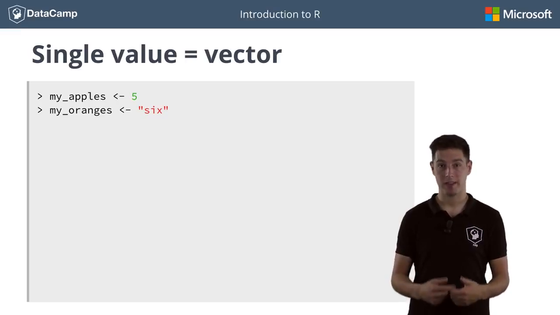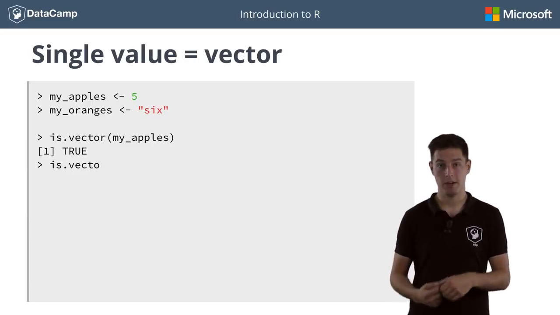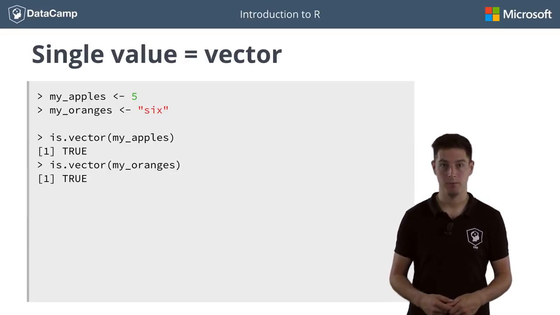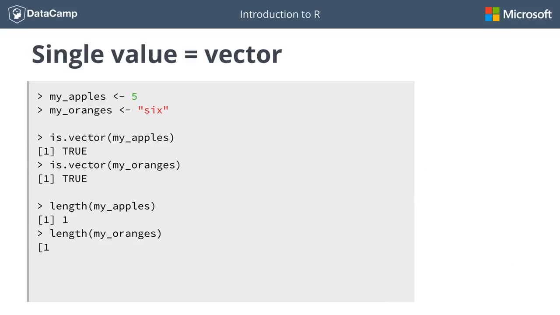You can check this by typing is.vector(my_apples), which is TRUE, and is.vector(my_oranges), which is TRUE as well. That these variables are actually vectors of length 1 can be checked using the length function. This contrasts with the other vectors we've created in this video. The drawn_suits vector, for example, has length 5.